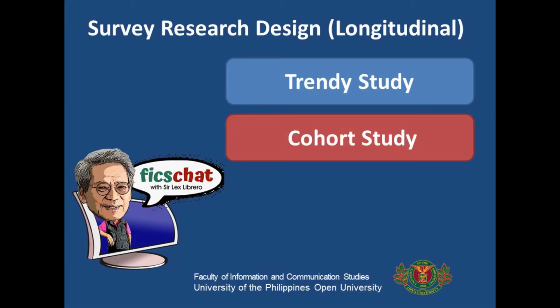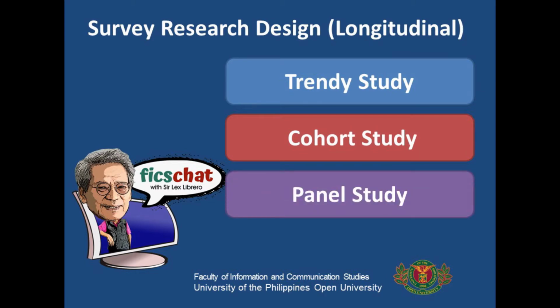Now a third type here is what we call panel study. You collect data from different sample groups from the same population and then compare your results. So panel, one-time collection of data, you're going to use different panels from the same population. Now, that is what comprises longitudinal studies: trend analysis, cohort studies, and then panel studies.